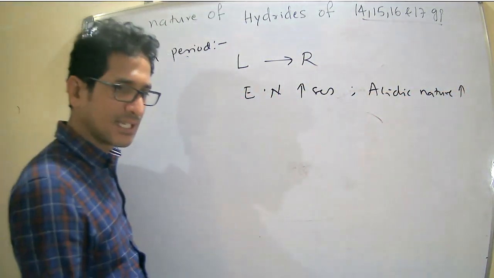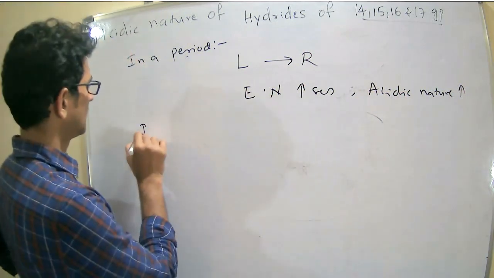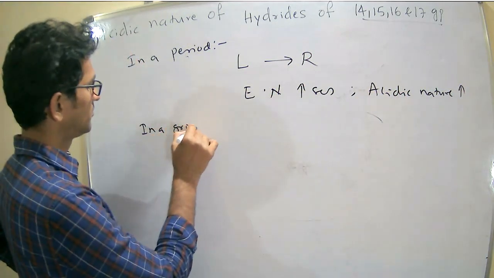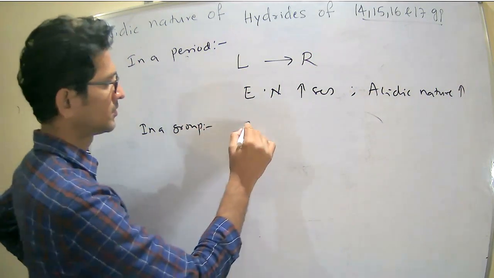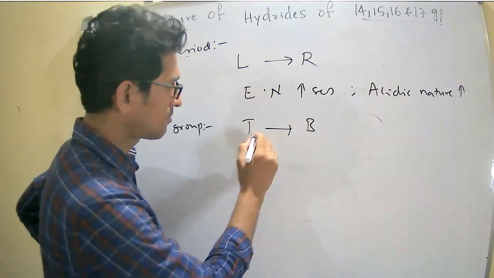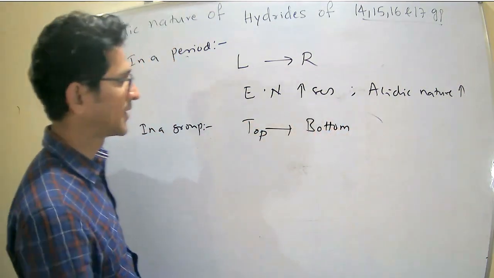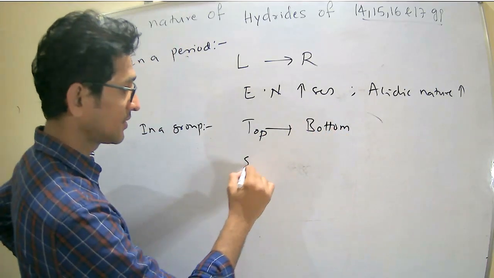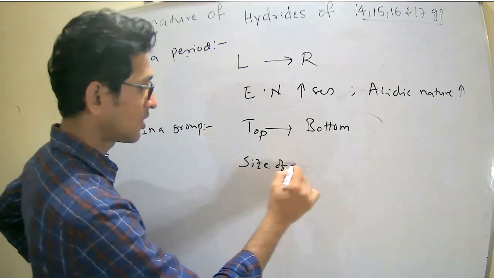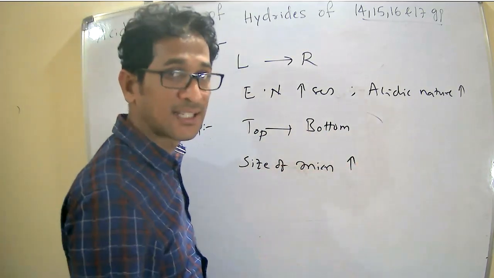In a group, top to bottom, the size of the anion increases.